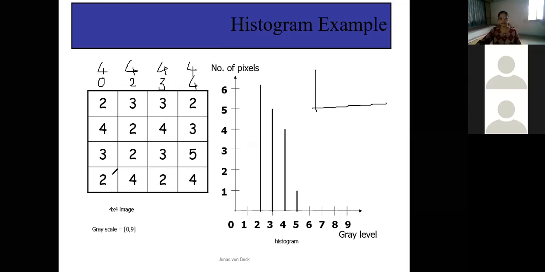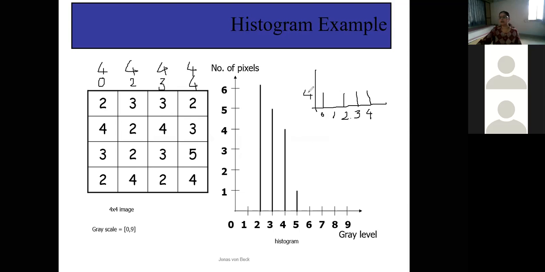If all pixels in the first column are 0, then 2, then 3, and then 4, then for the 0 level you will get amplitude 4. For the second level there are total 4 pixels, for the third there are 4 pixels, and for the fourth there are 4 pixels.